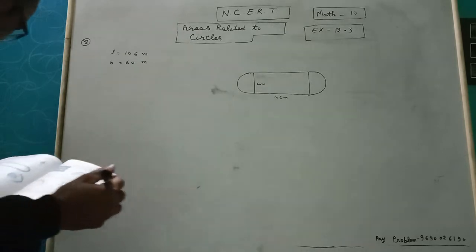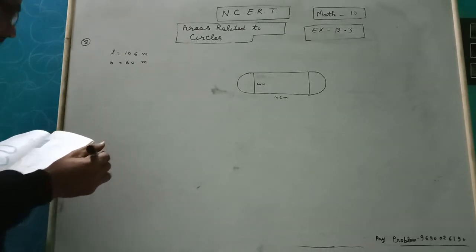First part, we find the distance around the track, the inner edge.